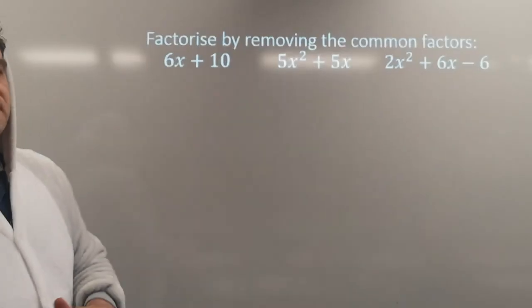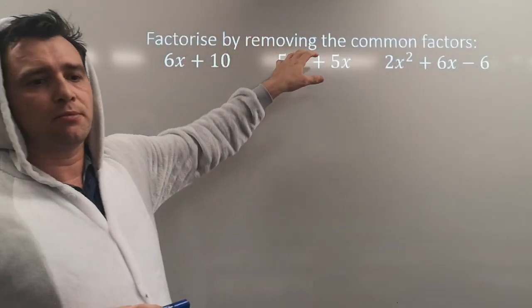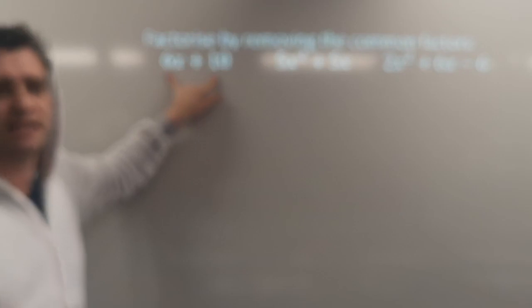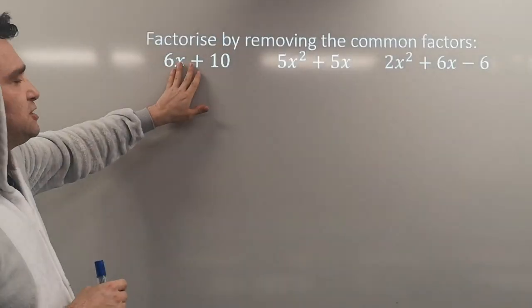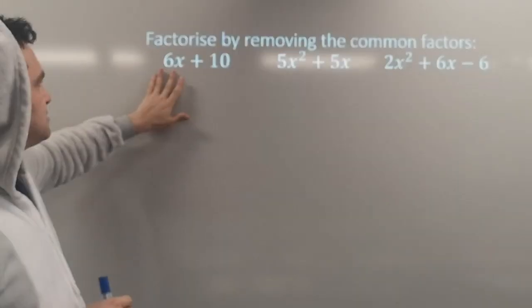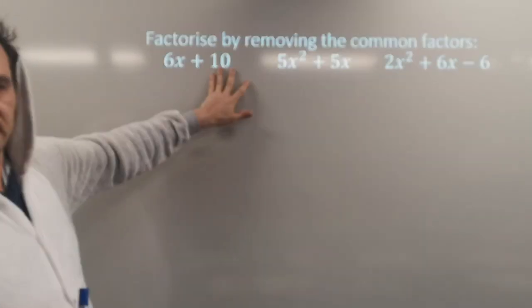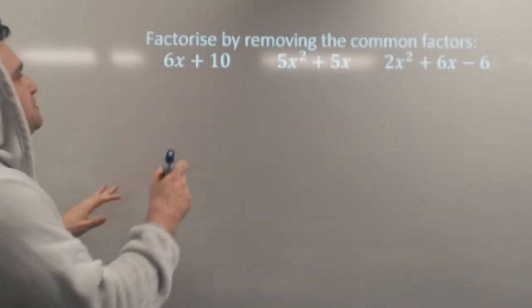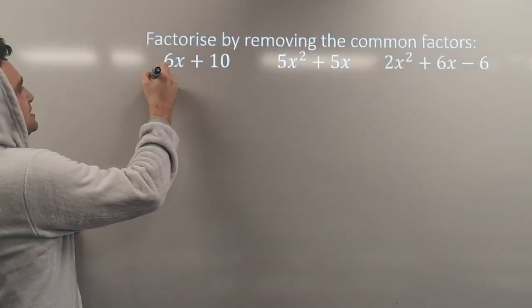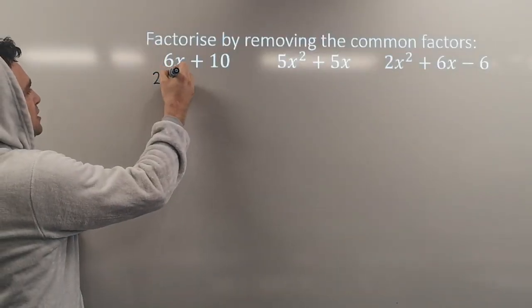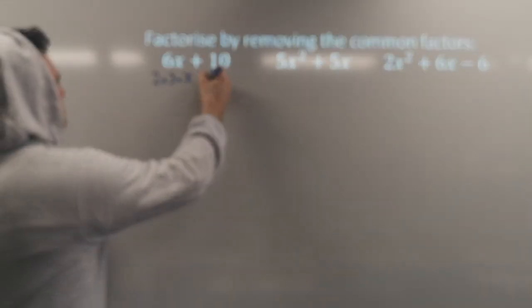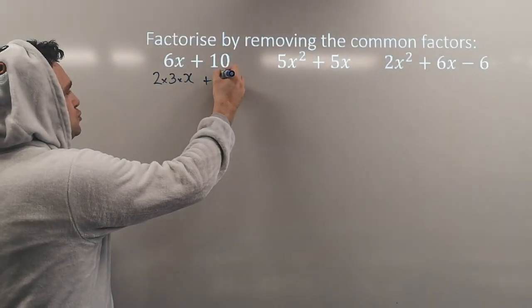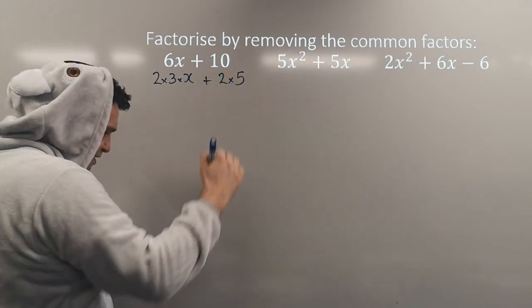So in our couple of examples, factorising by removing common factors, we have 6x plus 10. We're going to look at what are the common factors. If we leave our pronumerals out to the side, we've got a 6 and a 10. Common factors would be our 2. So our 6x is 2 times 3x, and then removing our 2 from the 10 would be 2 times 5.